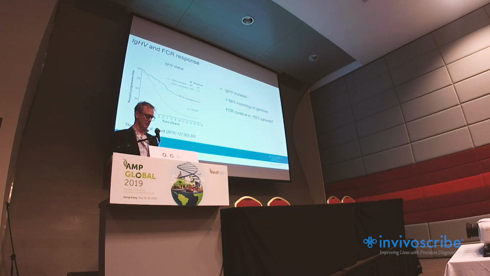As I mentioned, the extended follow-up of this FCR 300 trial highlights that in approximately 50% of cases, highlighted here in red, these patients are essentially cured of their disease, and the follow-up is continuing. CLL for many years has been, and still probably is, regarded as an incurable disease, but there's obviously approximately 50% of cases, just on IGVH status alone, that may be cured with the FCR regimen.